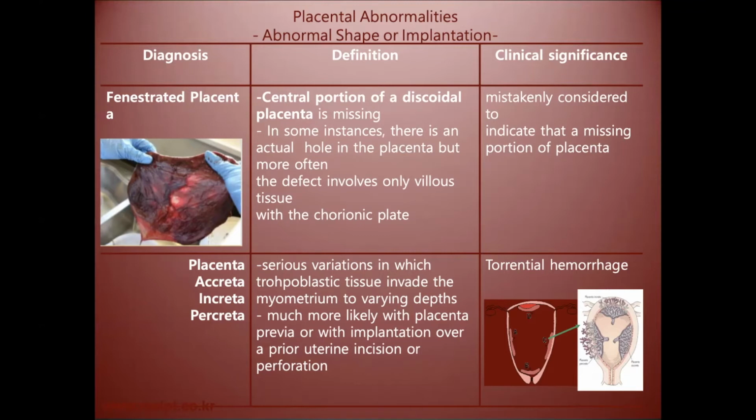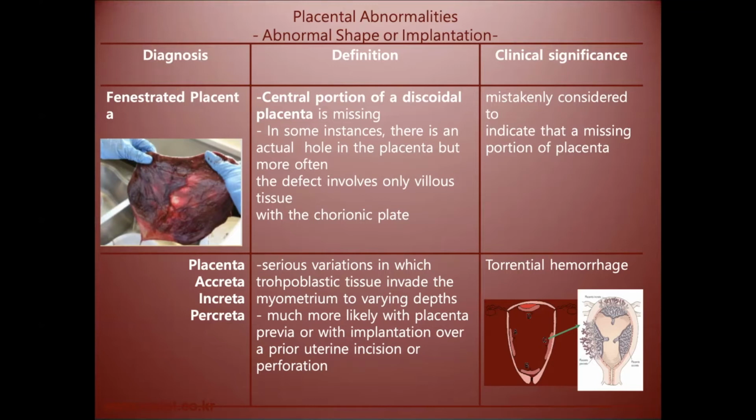Also, we have placenta accreta, placenta increta, and percreta. It's actually abnormal placental implantation. Sometimes we call it abnormal invasive placenta also. It is actually sometimes not diagnosed before delivery.